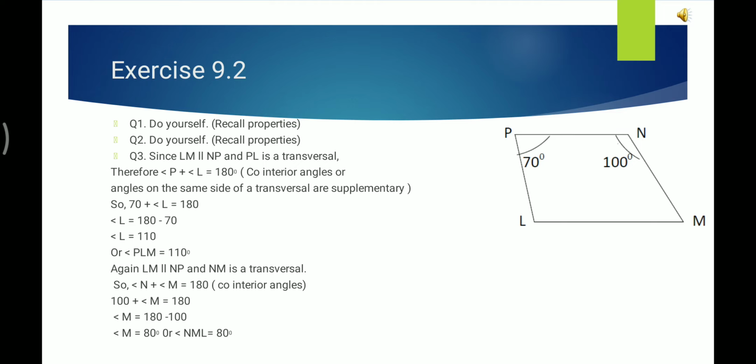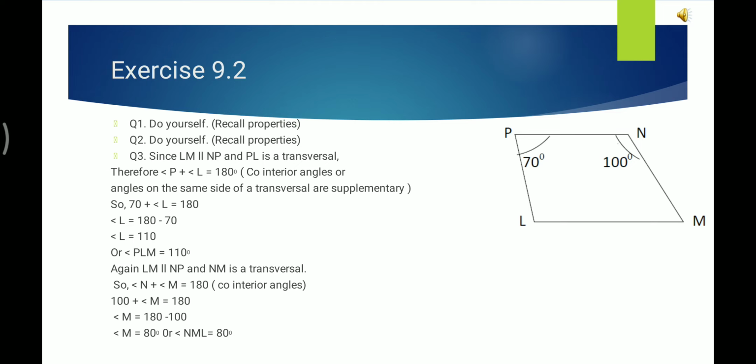Angle P's value is given as 70 degrees. So we will replace angle P by 70. So 70 plus angle L is equal to 180 degrees. That implies angle L is equal to 180 minus 70.